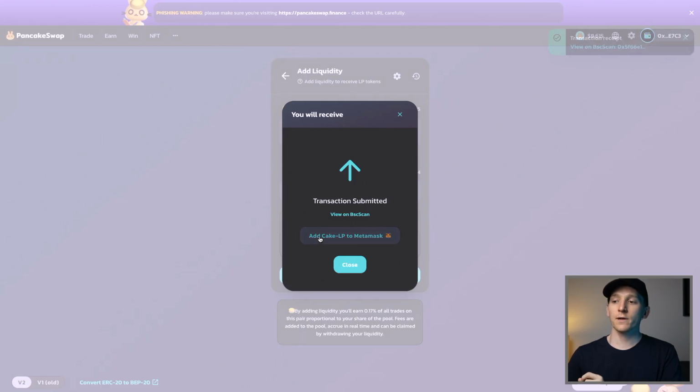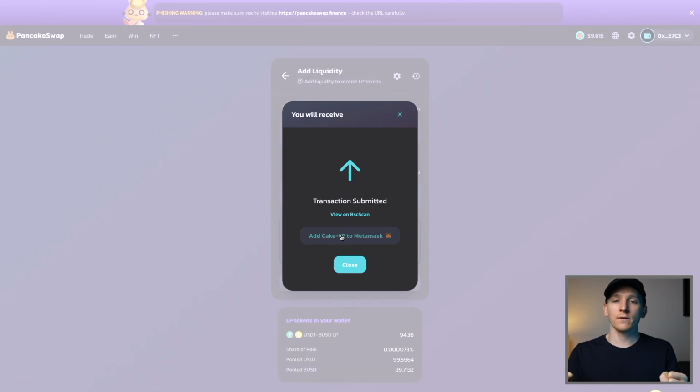Now it says, this is really important, add Cake LP to MetaMask. Really important that you do this. You now have these two tokens in the liquidity pool, and you have a percentage ownership of the whole liquidity pool. How much percent do you own? Well, you know that because you now get given another token called an LP token, or a liquidity provider token.